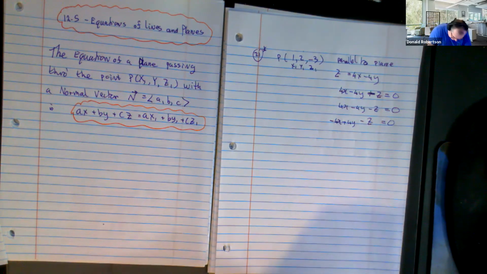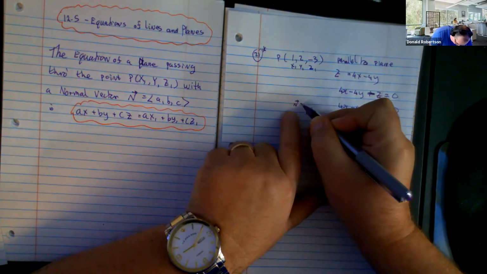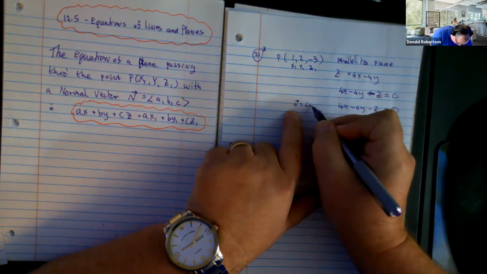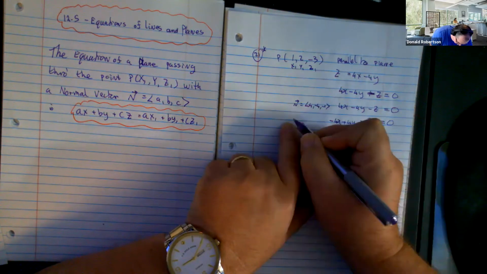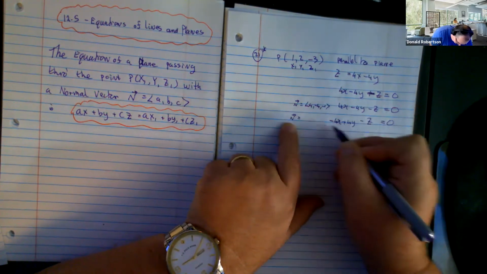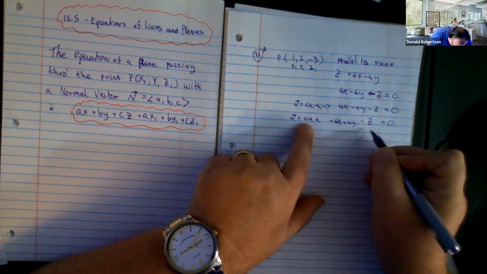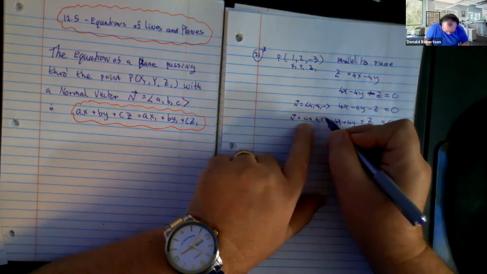What do you mean by that? If I use this form, won't the normal vector be 4, -4, -1? If I use this version, won't the normal vector now be -4, 4, +1?